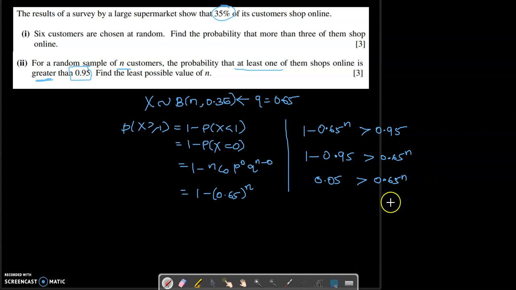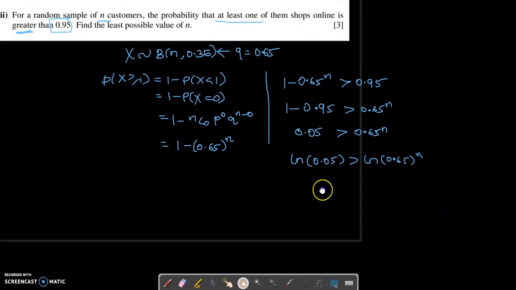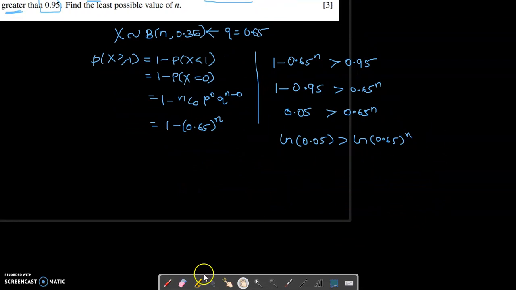So I'm going to take log on both sides. When you apply log on both sides, we will be using ln from the calculator. With the log property, you will be able to get this n over here. And so I will get ln of 0.05 is more than n times ln of 0.65. This value is negative. If you just put it on your calculator and check, this value is negative.